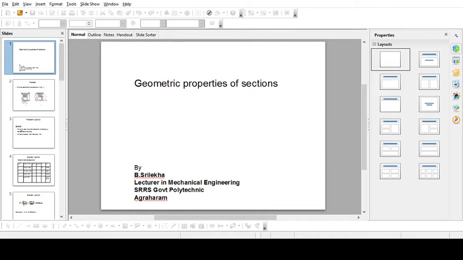Area into x term is 12,000 into 140, which is 16 lakhs 80,000. Next, the y term is 50. Now a into y is 50 into 12,000, which is 6 lakhs.